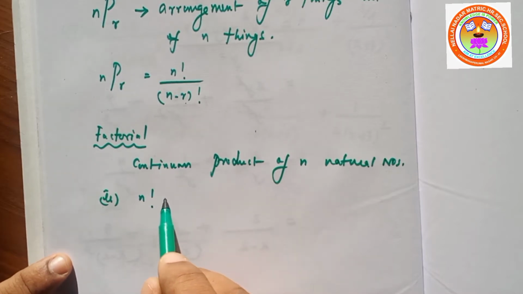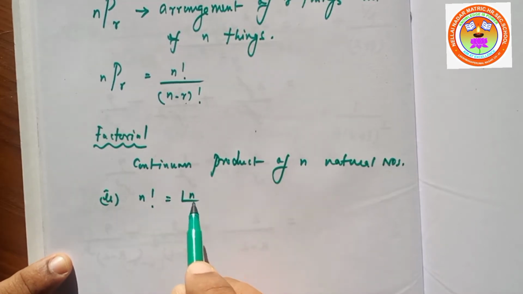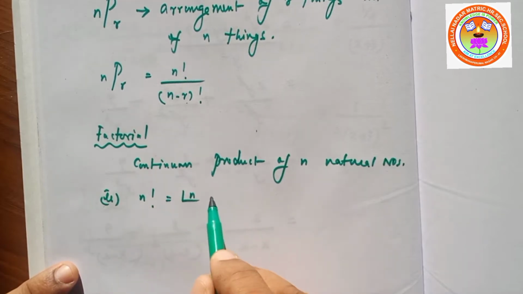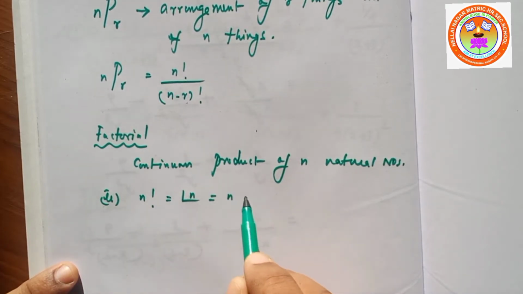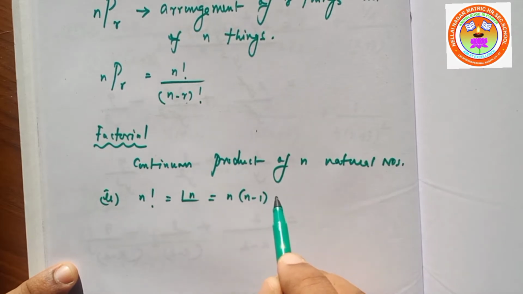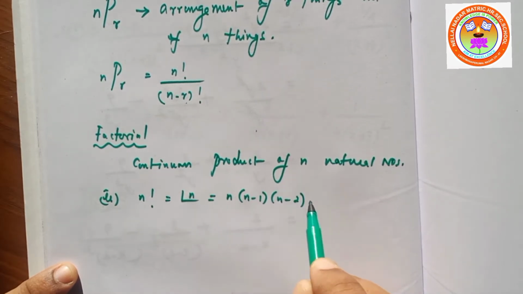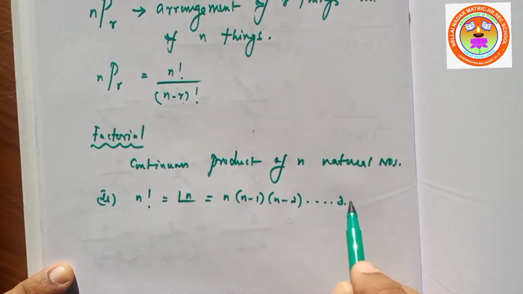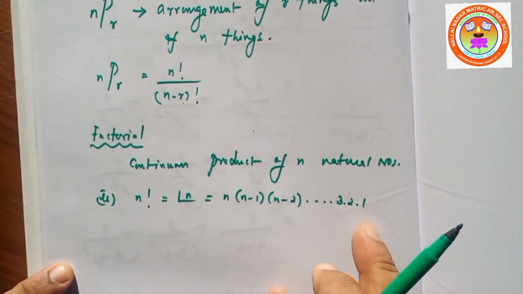Factorial n can be written like this: n, keep on reducing 1, n minus 1, then n minus 2, and it goes on, then 3, 2, 1, up to 1.